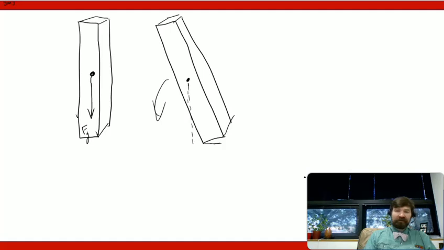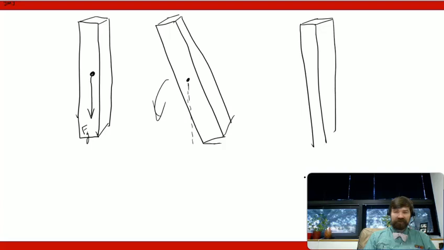If, on the other hand, I rotate it only a little bit, so instead of rotating it at this angle here, maybe I rotate it only to, say, this angle here, then when I look at where my center of mass is in this case, if I draw a line down to vertical, it's still basically over the base, and therefore when I apply a torque about this, it'll tend to rotate back to being on the ground on that base.